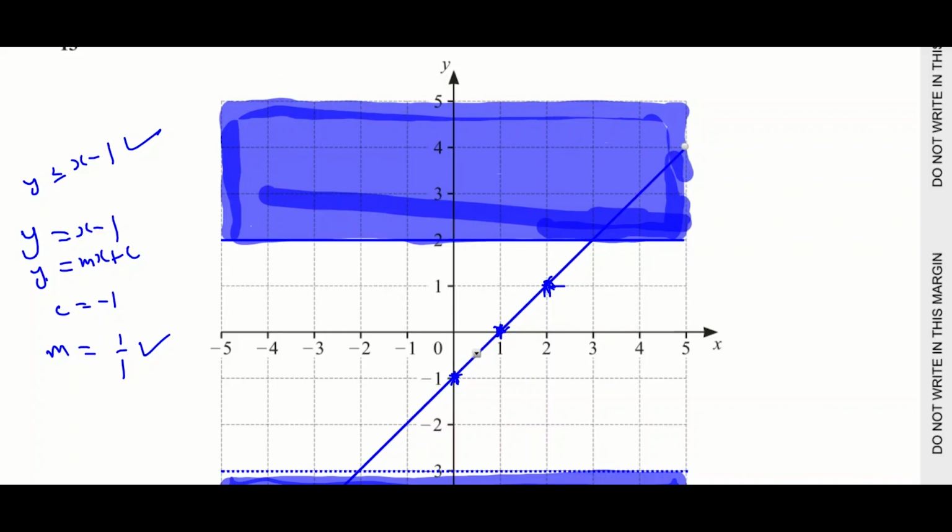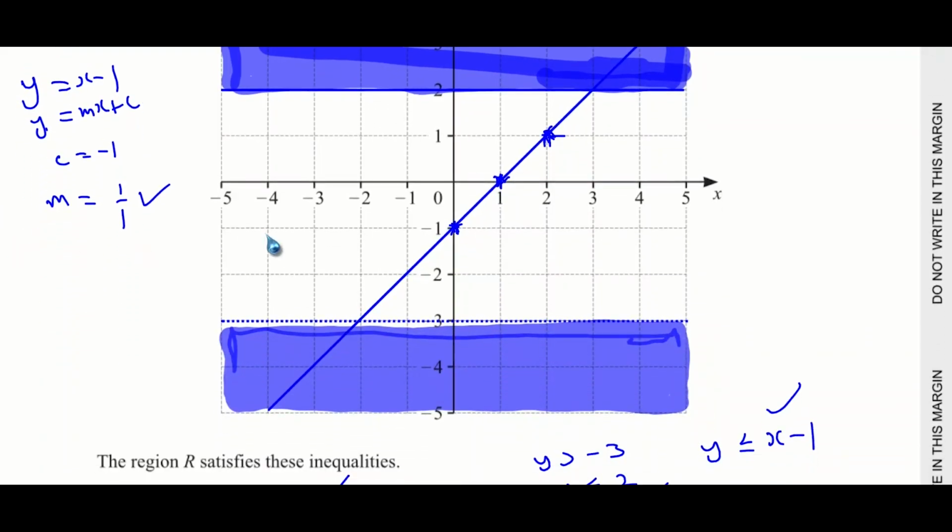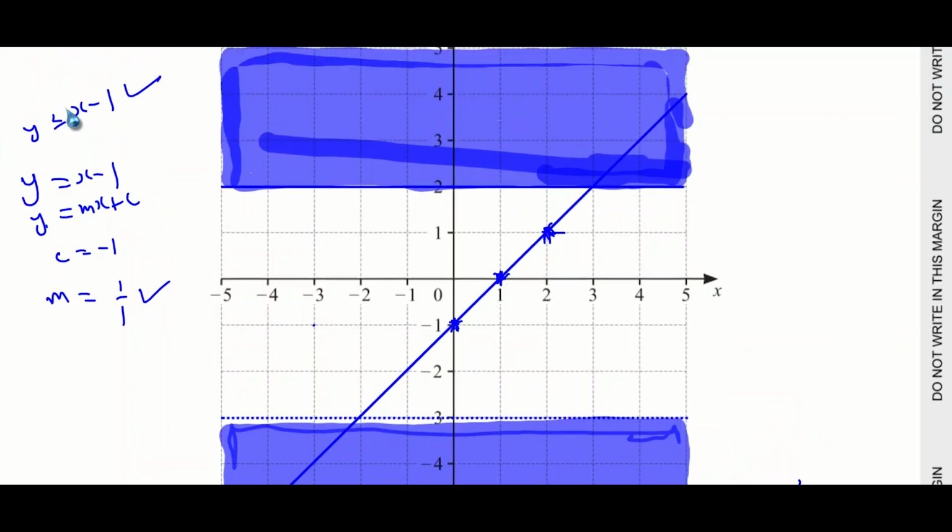Okay, so we need to get the unwanted area. Is it above this line or below this line? Let's pick a point here, for instance. Let's pick this one here: x equals -1 and y equals -3. So let's see if it will meet this condition here, y is less than or equal to x minus 1.